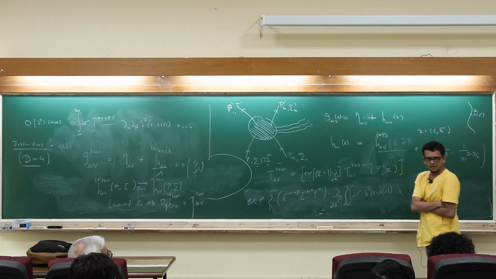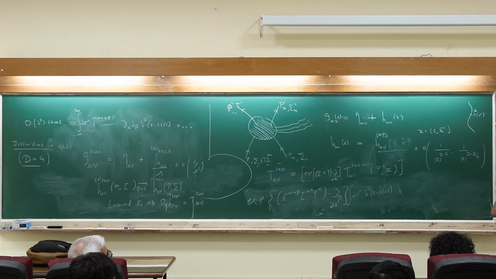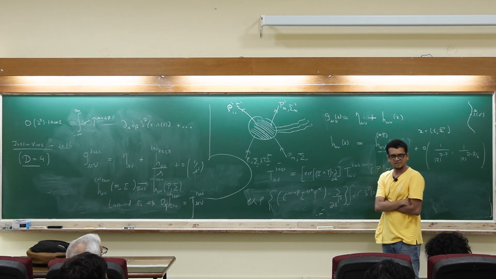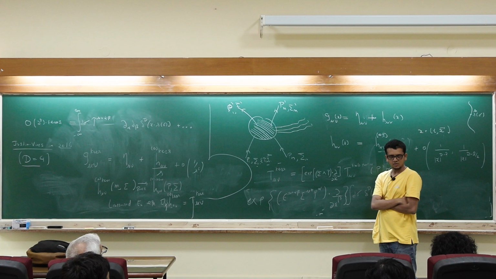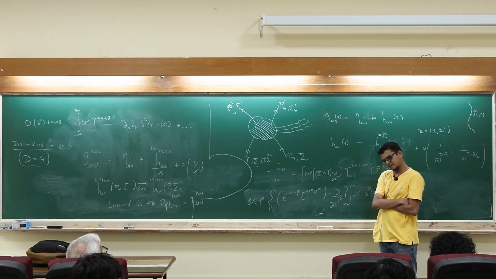Presumably in the rest frame, sigma is independent of... So if you go to the rest frame, then J is equal to sigma. It's just sigma.